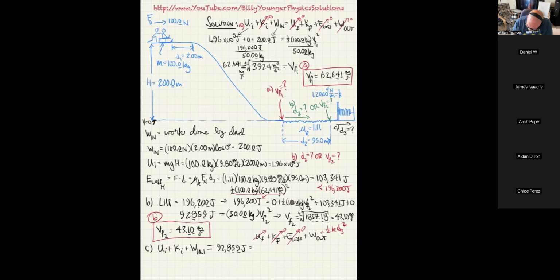So I can go ahead and plug that in. It's going to be 0 plus 0 plus 0 plus 1/2 of the K I said was 1.20 times 10 to the fourth newtons per meter, and all that times D3 squared.